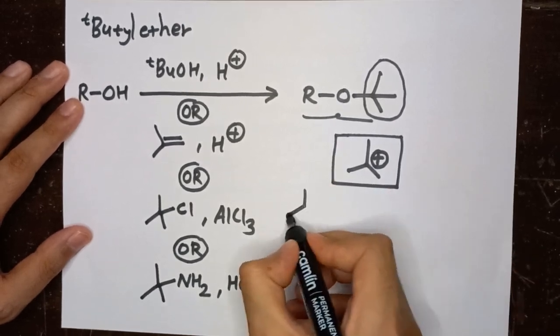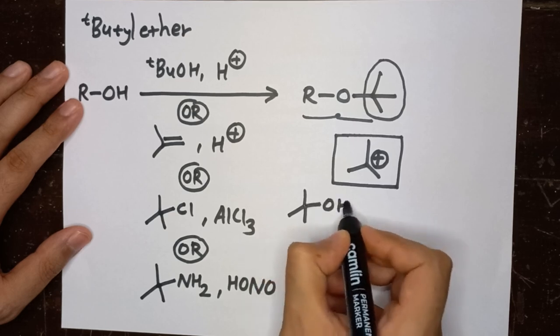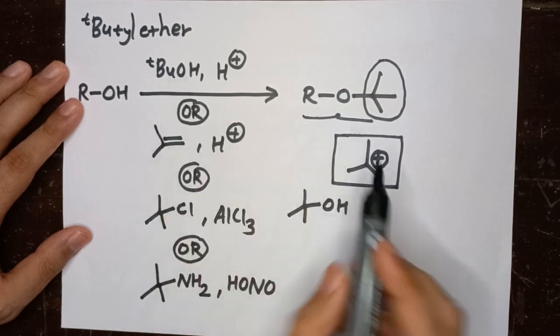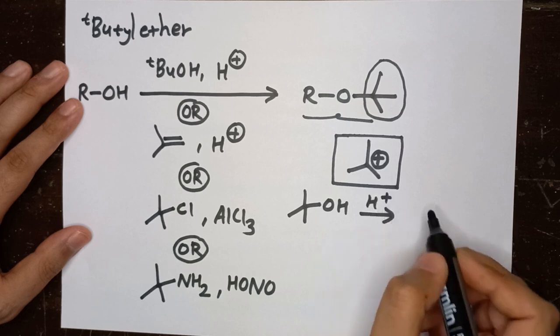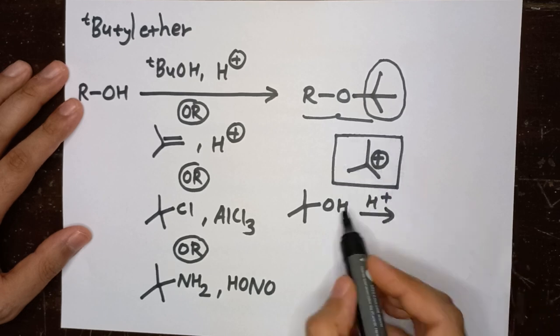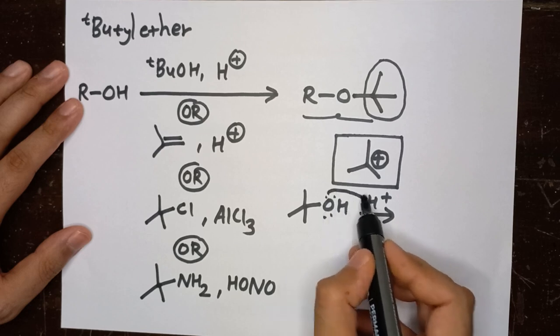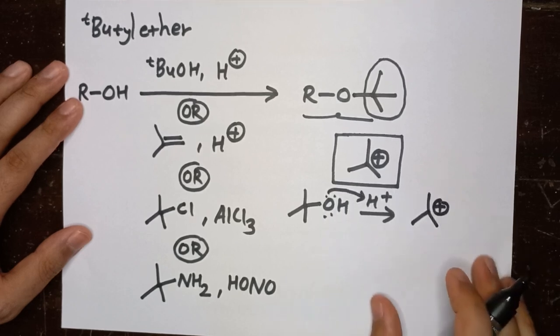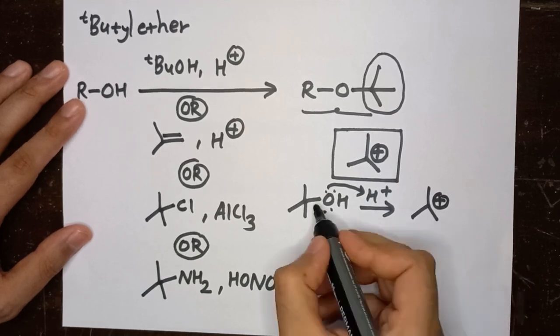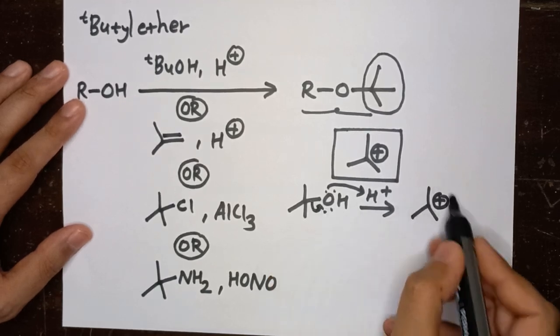So this is my tertiary butanol, I'm talking about the first one. Tertiary butanol under acidic media will generate this particular carbocation by eliminating water.